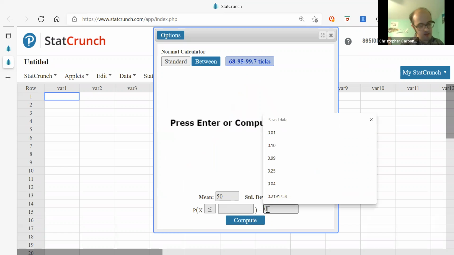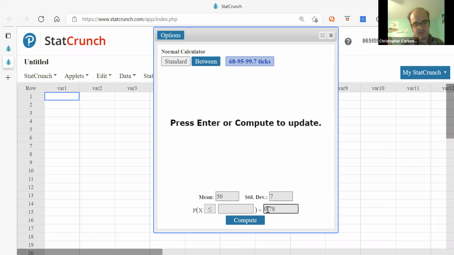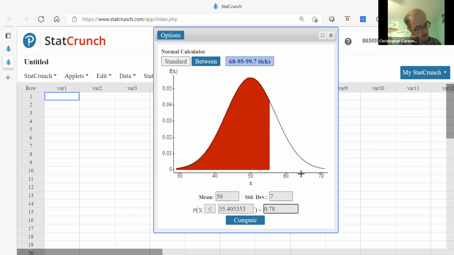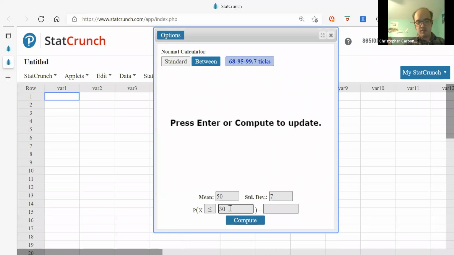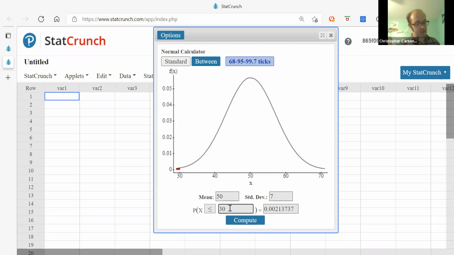And we put in 0.78 into the box to the right of the equal sign. Doing so indicates that the 78th percentile is 55.41. And then finally, we want to know if the probability of x less than 30 is unusual. Putting in 30 and not changing the inequality symbol gives us a value of 0.0021.